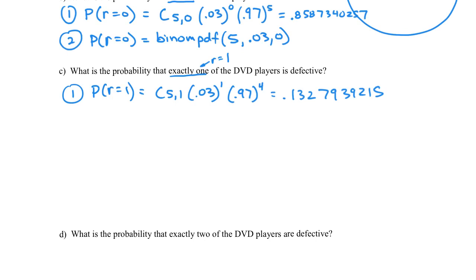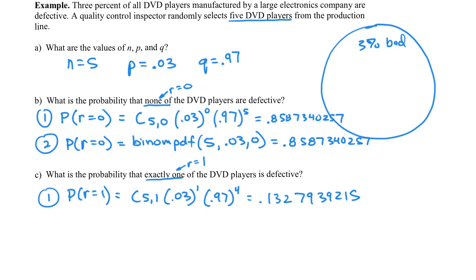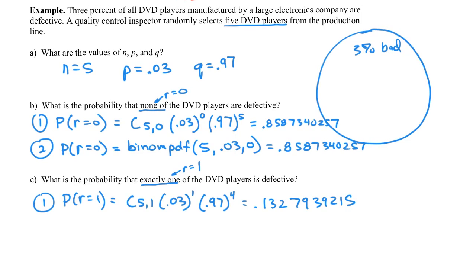This is what we should have talked about before too. After we get an answer, we always want to make sure we look and say, does that seem reasonable? Actually, I should have put this down also. This gets the same answer. So this is saying there's about an 86% chance that none of them are defective. So if we look back at what we're working with here, 3% of these are bad, and this inspector is going to pick 5 of them.